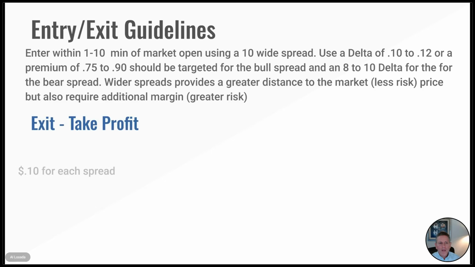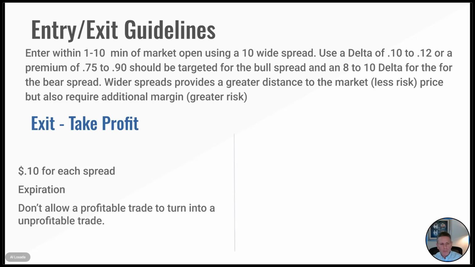Okay. All right. Taking profit. I like to take profit at 10 cents, but typically between 50 to 20% is good to take a profit. Okay, so you can expire those trades, but I like to close them at 10 cents usually.